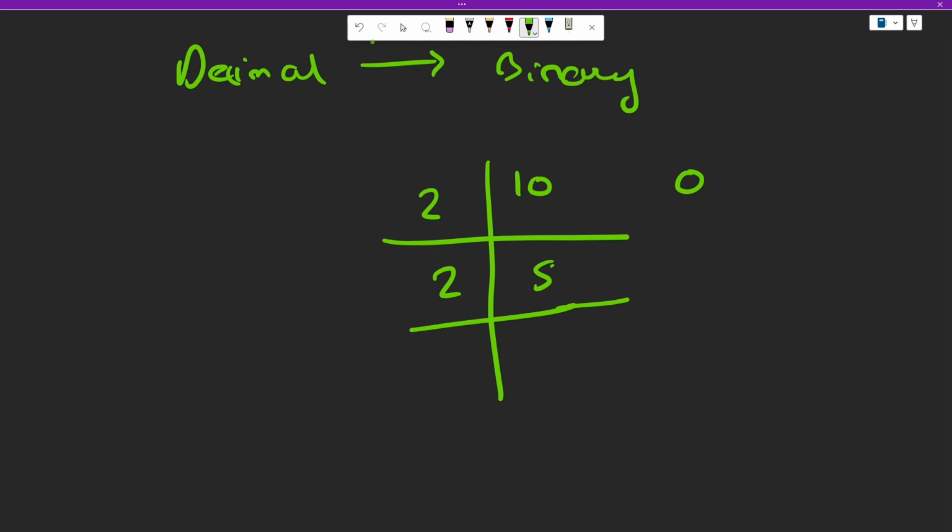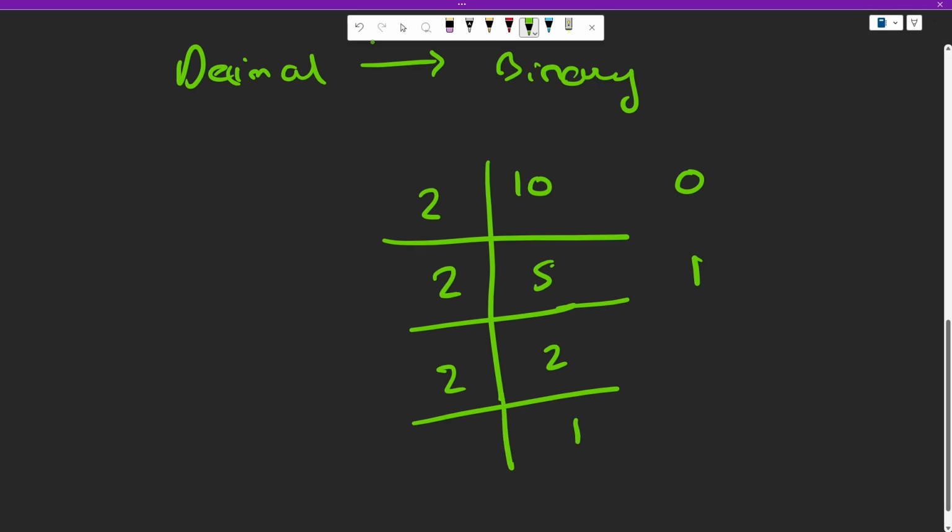Then 2 twos are 4, and the remainder is 1. 2 ones are 2, and the remainder is 0. And 2 zeros are 0, and the remainder is 1.